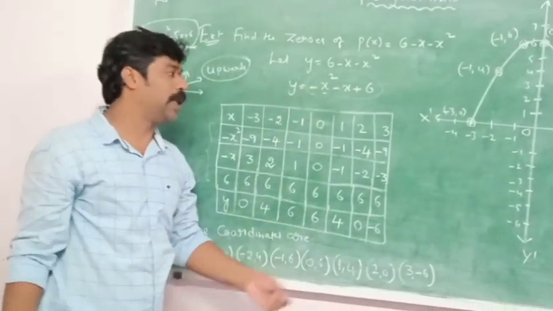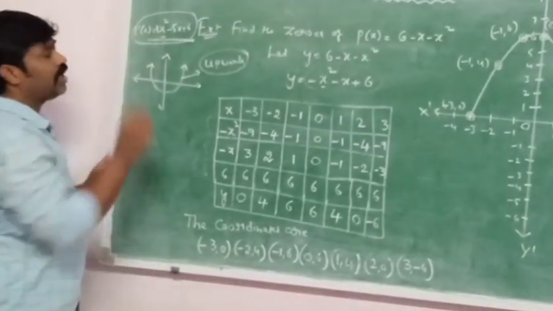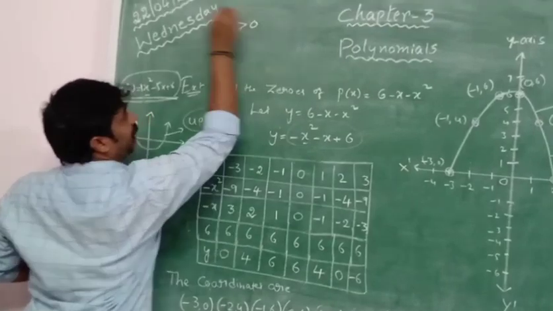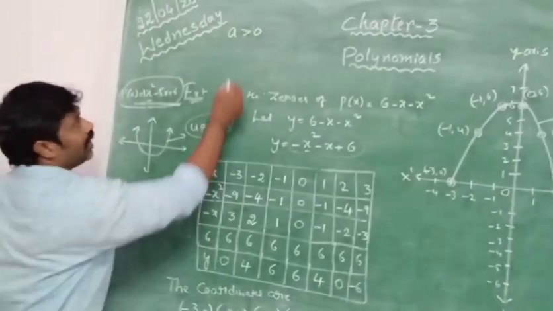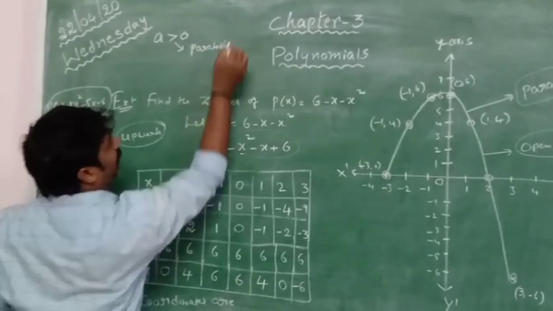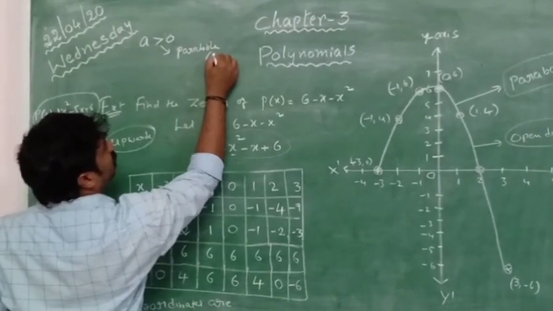So what we can conclude is, if the x square coefficient is positive, that is, a is greater than 0, then we will get a parabola which opens upwards.